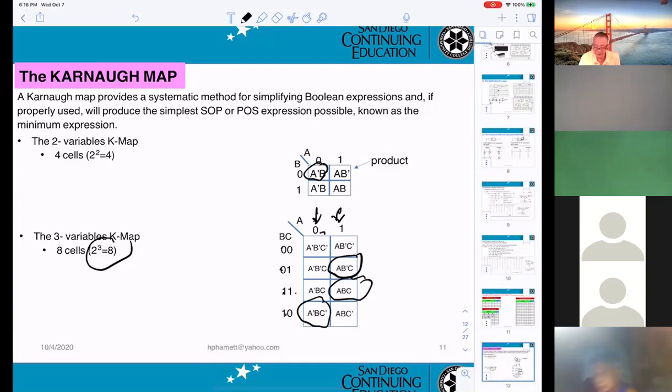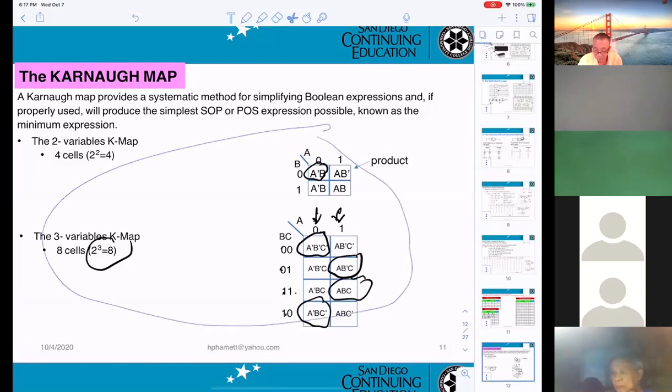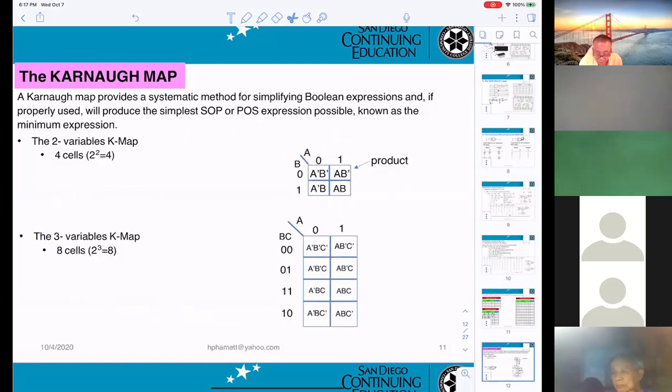The last one here: not A, not B, not C. Very good. Not A, not B, not C. So, any questions regarding the product inside the cell? Okay, that's a simple thing.